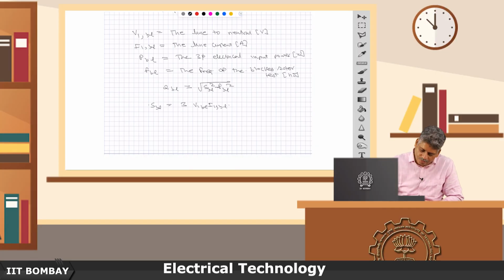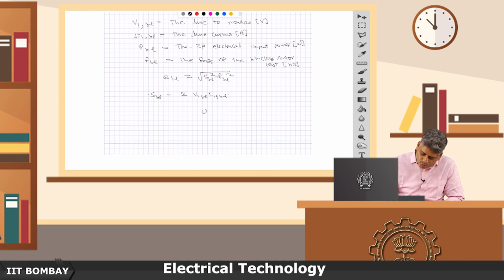I should have said this first. First I do this, then I subtract this, then I get this QBL. Then I divide it by 3 times I1BL square, and I get the reactance value, which corresponds to what frequency? FBL frequency.